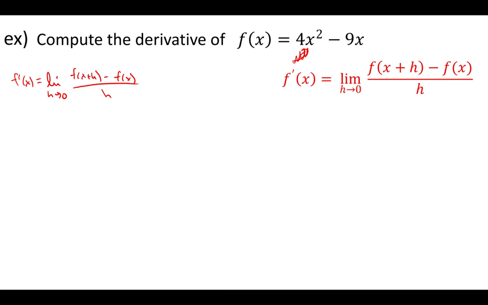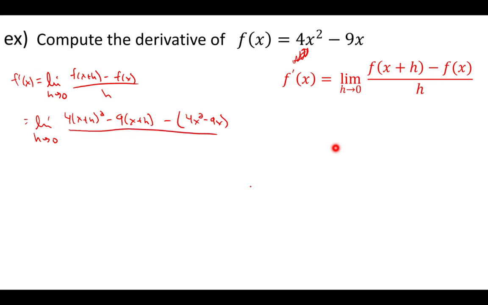Replace both of them. So what this is going to look like then is the limit as h goes to 0 of 4 times x plus h squared minus 9 times x plus h. So that's my f of x plus h. Then it's going to be minus, parenthesis, the original function f of x, so 4x squared minus 9x, over h.